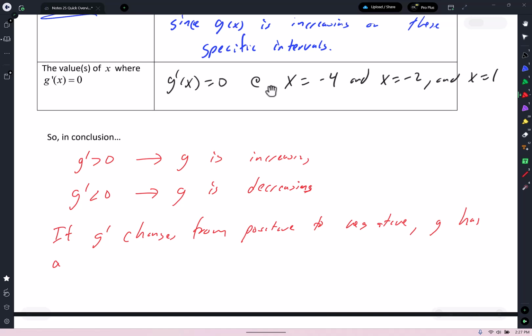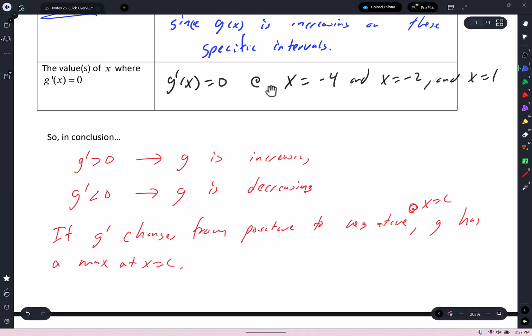If g prime changes from positive to negative, g has a what? Has a max. g has a max. I should say at x equals c, right? So let me add that. At x equals c, that's a c for a specific x value. g has a max at x equals c.